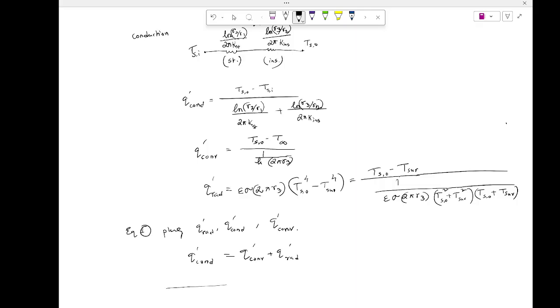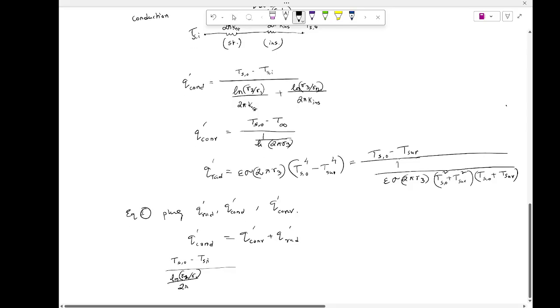So for Q conduction, you have TSO minus TSI divided by ln of R2 over R1 divided by 2 pi K steel, plus ln of R3 over R2 divided by 2 pi K insulation, equal.